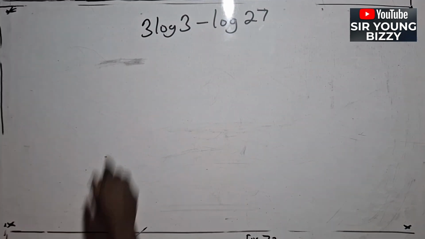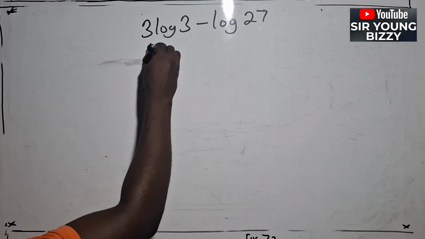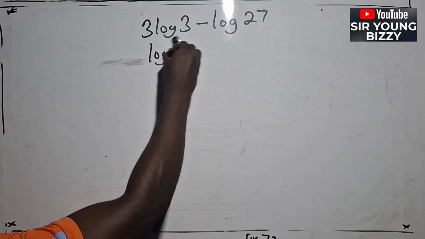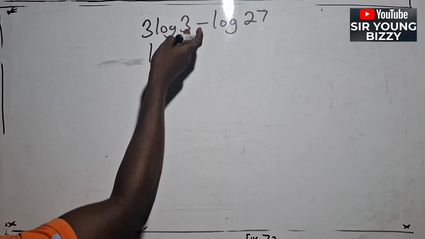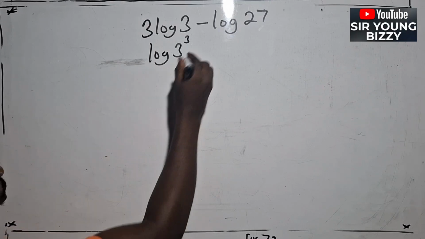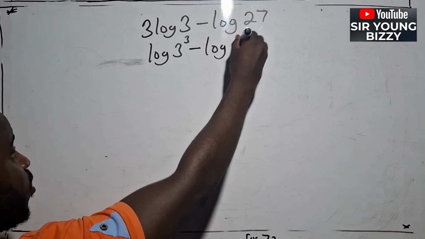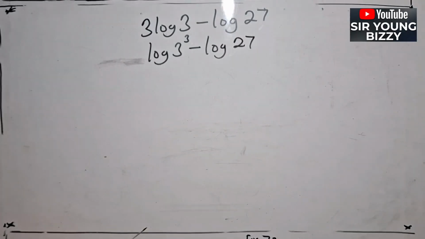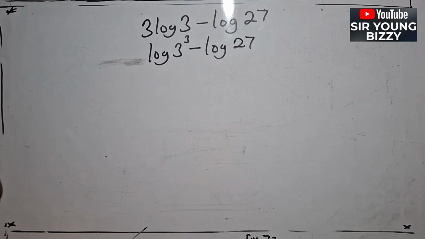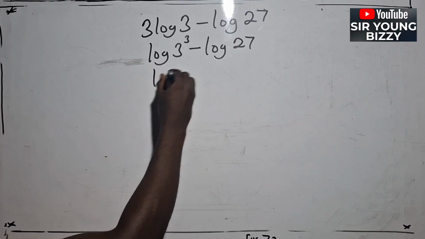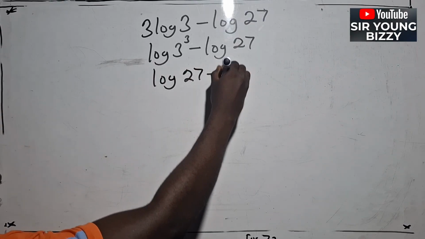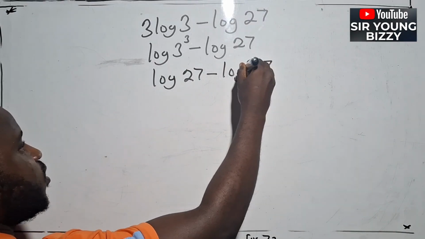What you have to understand is this means it is log 3 raised to the power 3, this is what went back to give us this, if you remember, then minus log 27. Now 3 raised to the power 3 will give us what? 27. 3 times 3 is 9, 9 times 3 is 27. So this one will give us log 27 minus log 27.